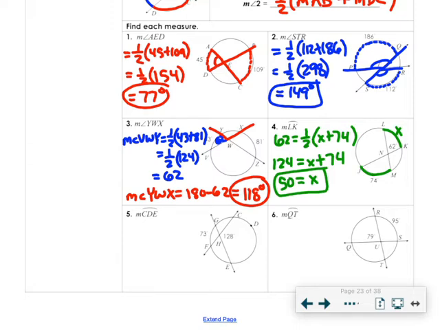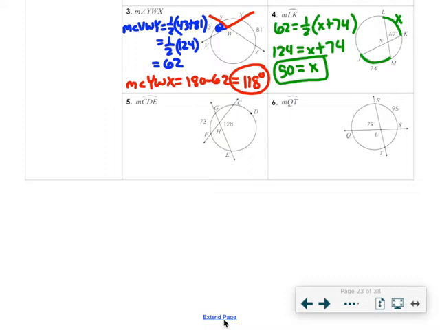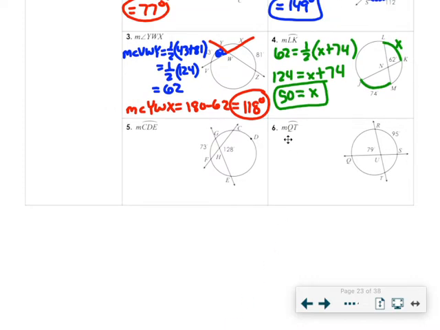Same thing with number 5, very similarly, we're working backwards again. So CDE on this one. CDE is the arc right here. They want us to find that arc. So it's related to this other arc right here, 73, and it's related to this 128 number.